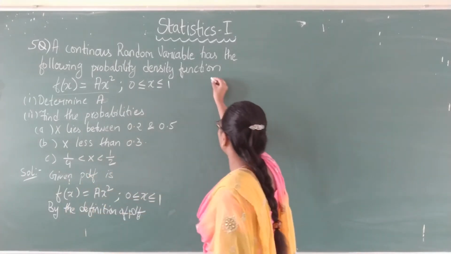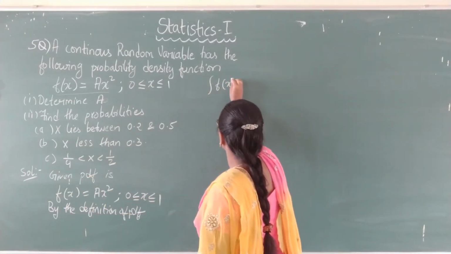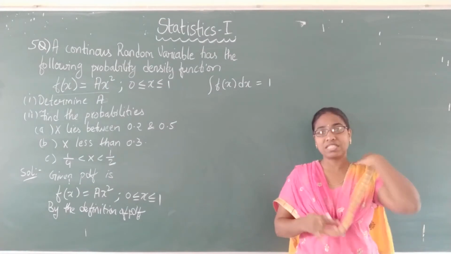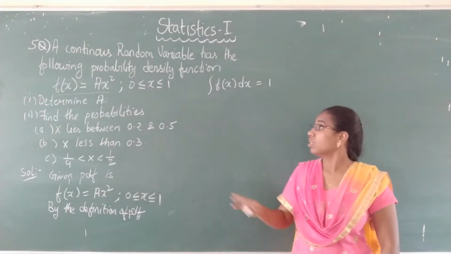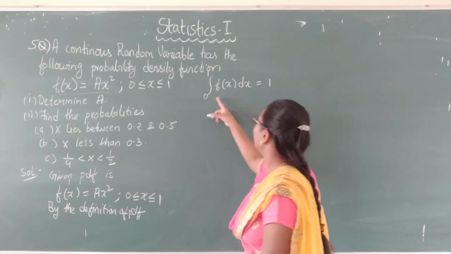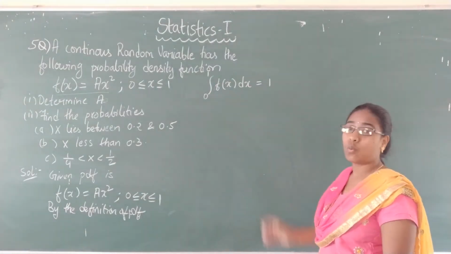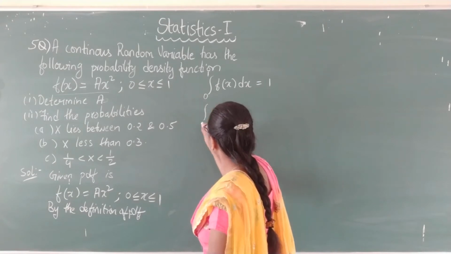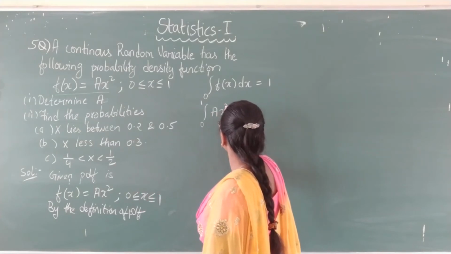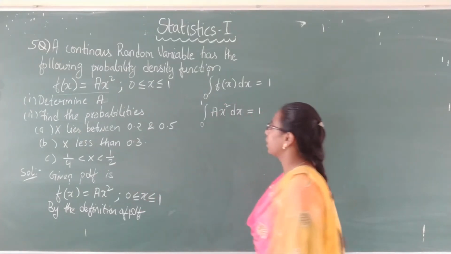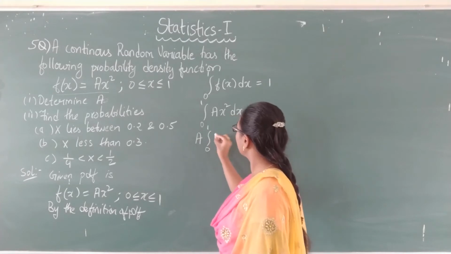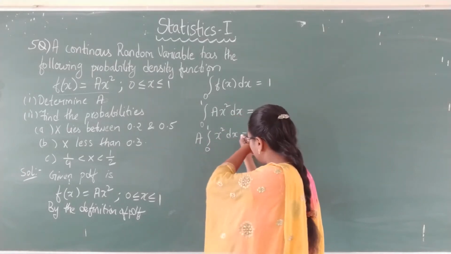So by the definition of PDF, the integral over f of x equals 1.